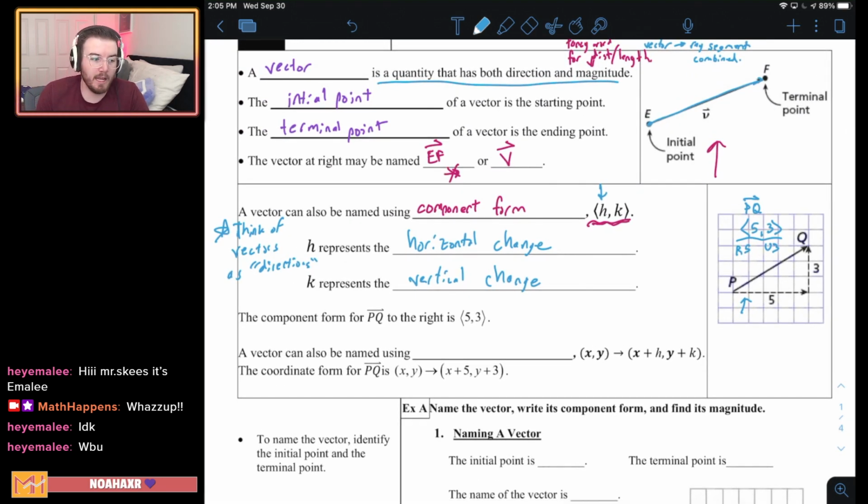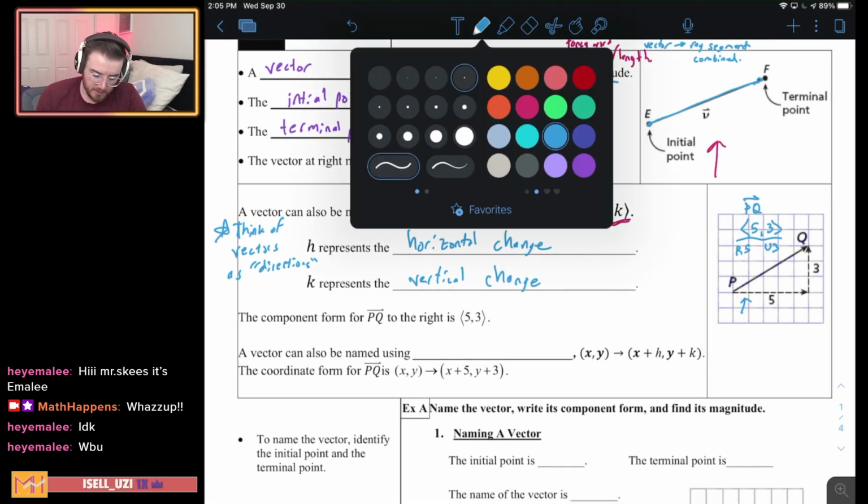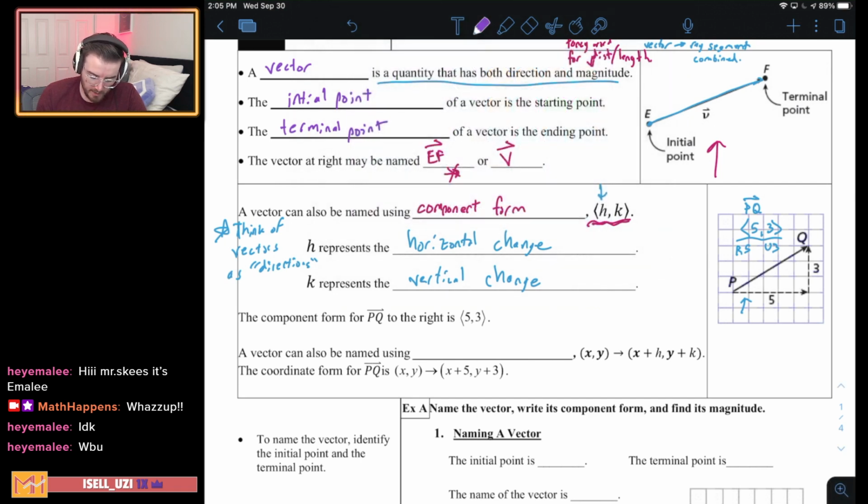And one other way, not to bombard you with multiple ways of listing it, but just to get you familiar with all of them, is using coordinate form.